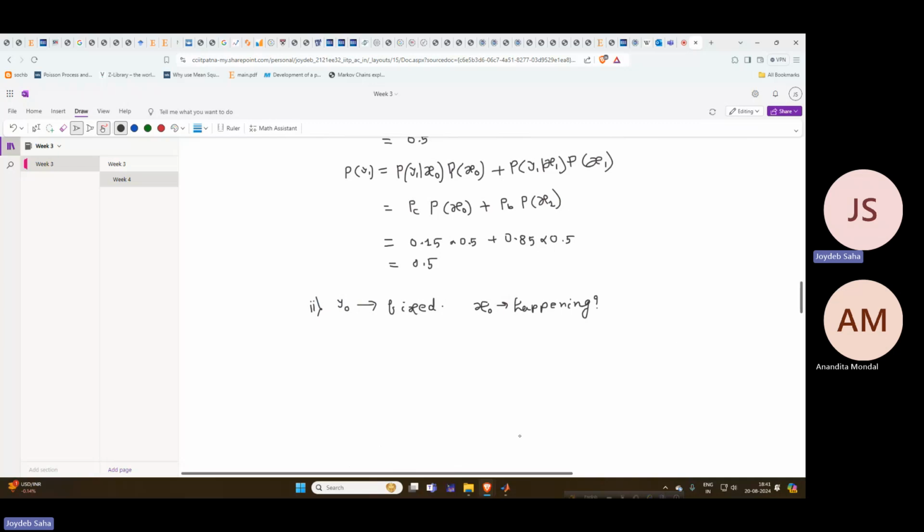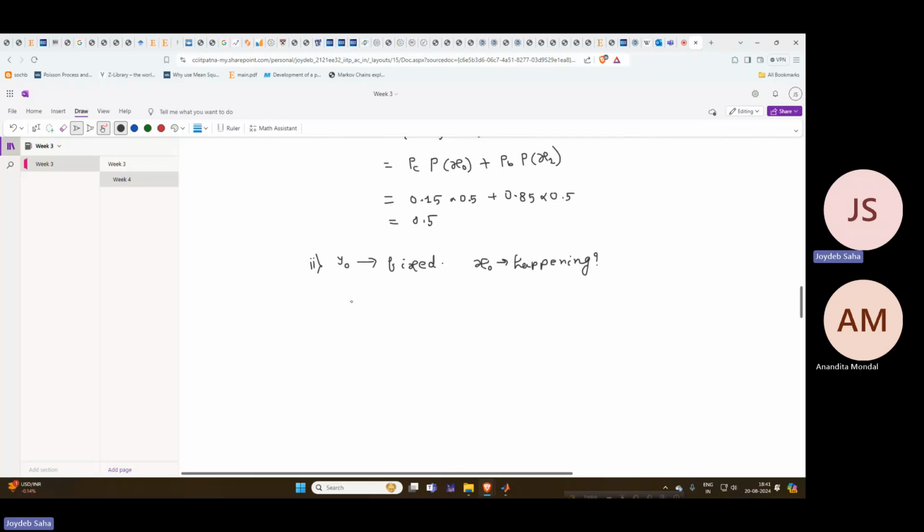This is our question, that we are saying that output we are getting 0. Then what is the probability that from input side 0 was sent? So this is nothing but the probability of x0 conditioned on y0, right?